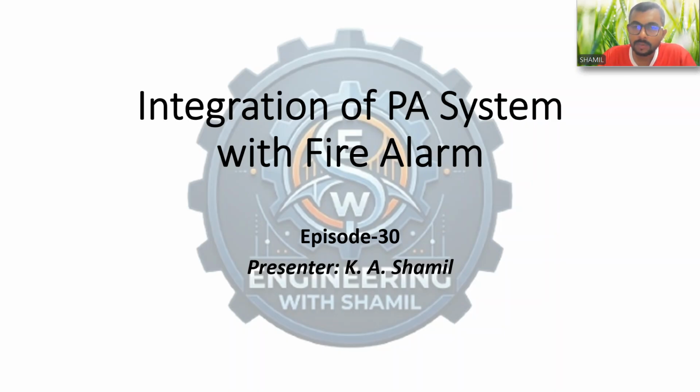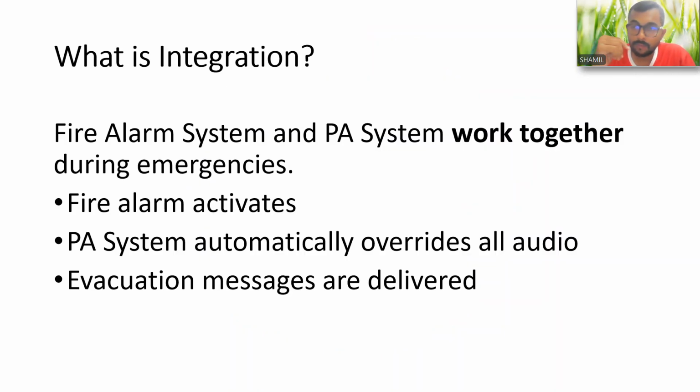Okay, so first of all, we need to understand what we mean by integration. When a fire alarm system and the public address system work together, they work together during the time of emergency, as the name suggests, during the time of fire. In case a fire is detected, the fire alarm will send a notification signal, and at the same time it will send a signal to the public address system saying that there is a fire.